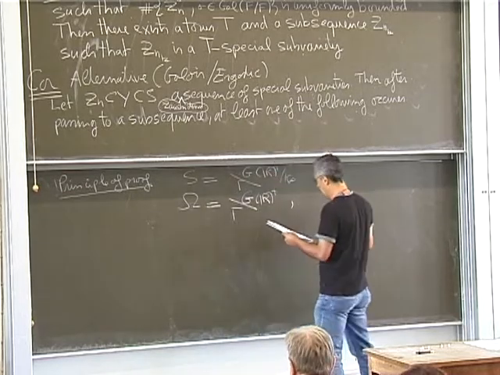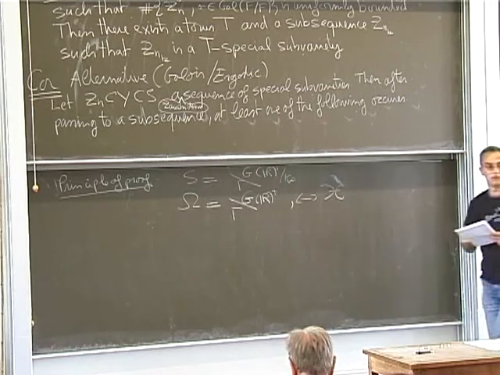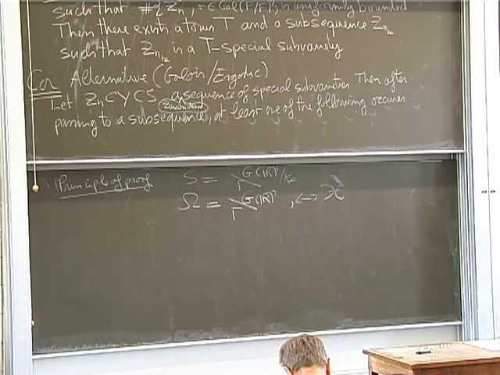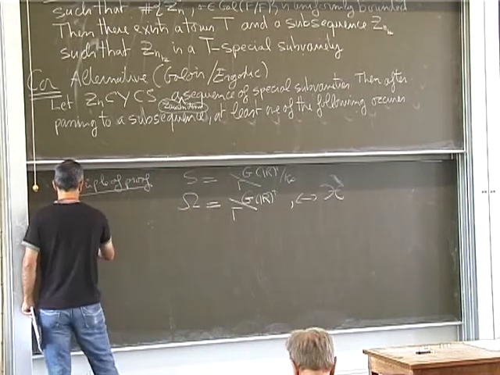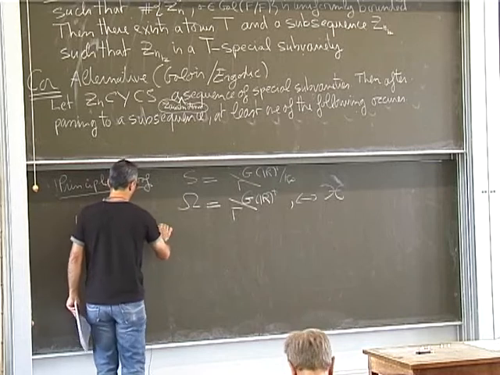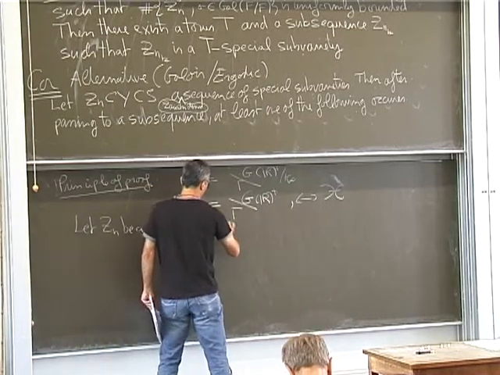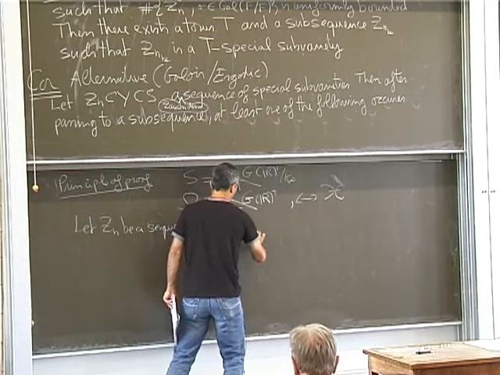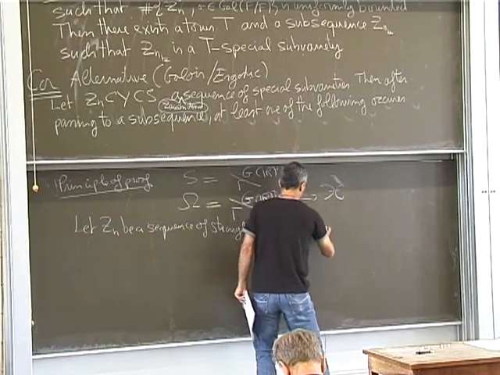And I have the associated class H defined in the previous section. So let Z n be a sequence of, say, strongly special subvarieties.